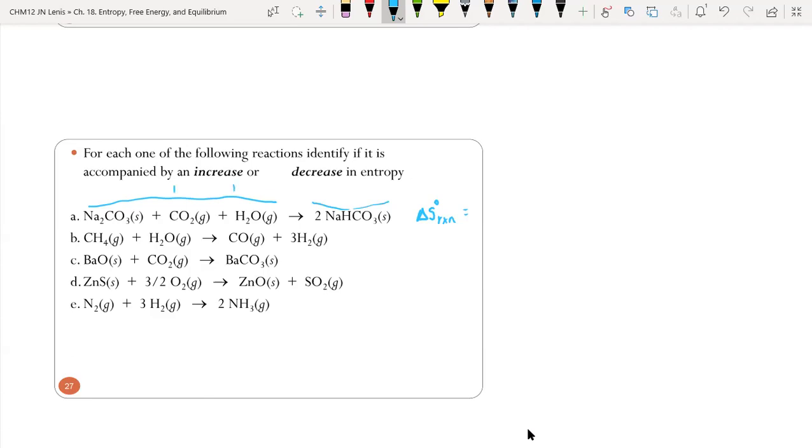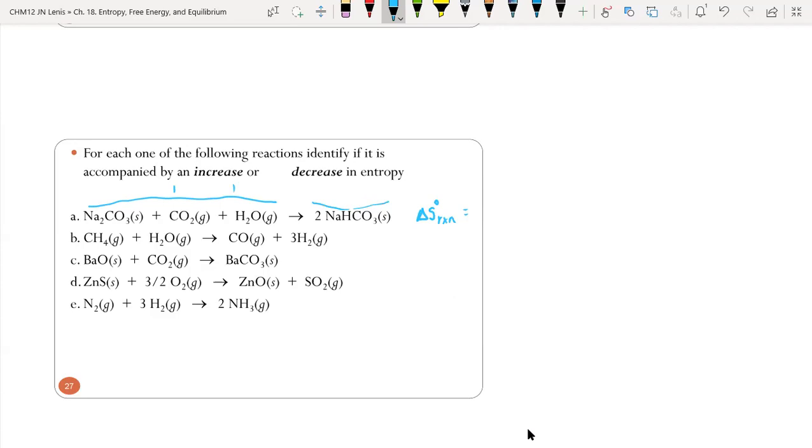We know solids have low entropy. Gases have high entropy. Let's see on the product side, what do we have? Solid. So all these are reacting together to make a solid.